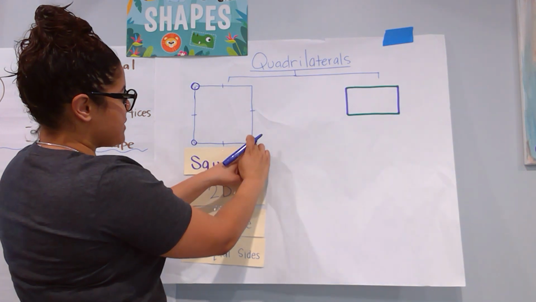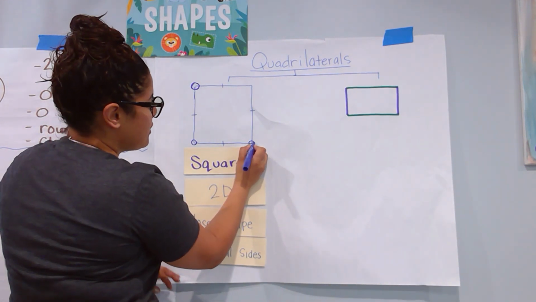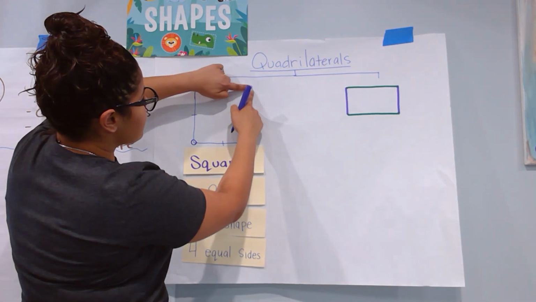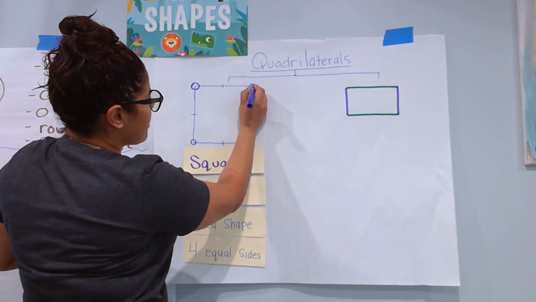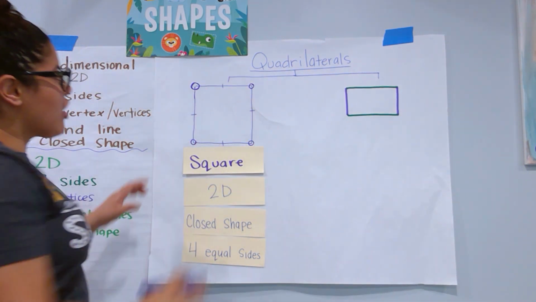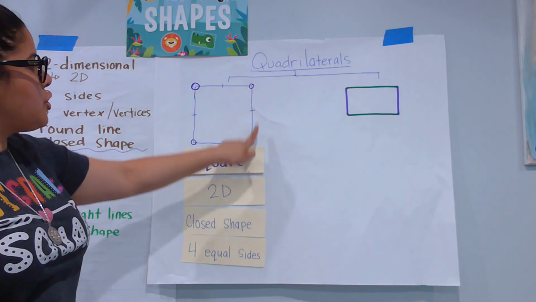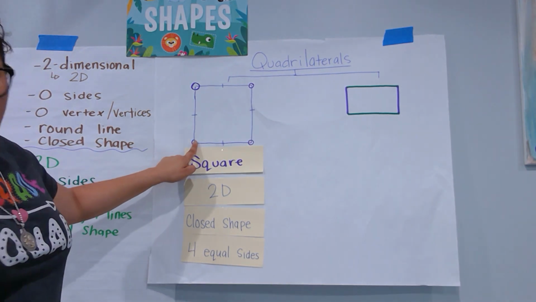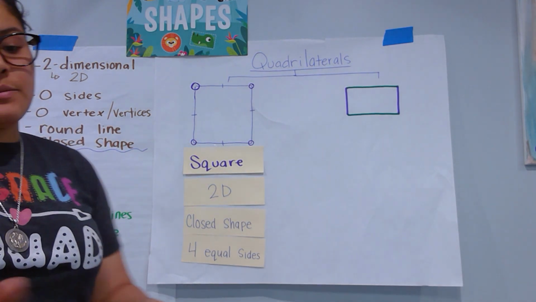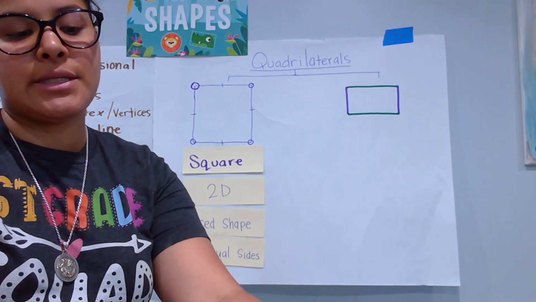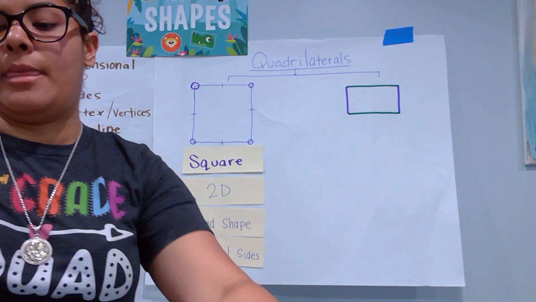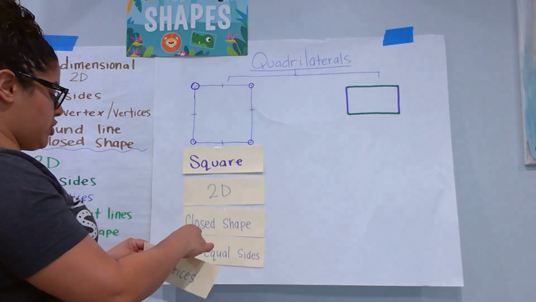These two lines come together, they meet here. And these two lines come together, they meet here. So a square has 1, 2, 3, 4 vertices. And I'll put this up on my chart.